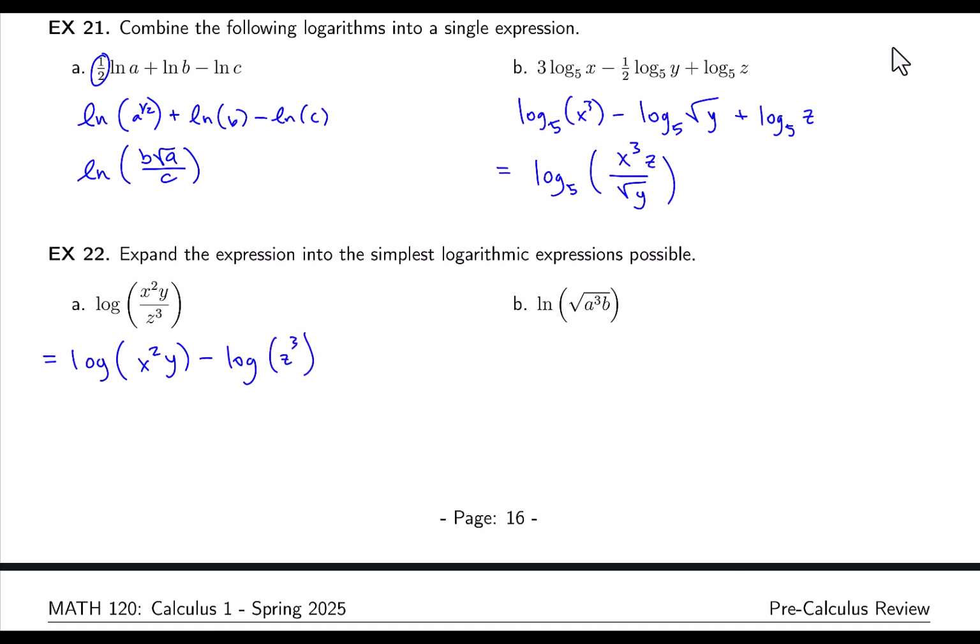Now, there's no base written in here, so this is called a common logarithm, and it's just assumed to be base 10 if you see that. Now in the first logarithm, I have two things that are multiplied, so I can split that up into two logarithms that are added.